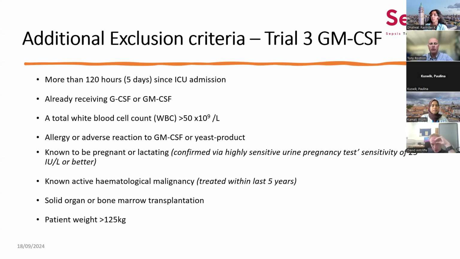If they have an allergy or adverse reaction to GM-CSF or any yeast-derived recombinant product, they're not eligible. If patients are pregnant or breastfeeding, then they're not eligible. And if they've got an active hematological malignancy, which we define as being treated within the last 5 years, they're not eligible. And if patients have a solid organ or bone marrow transplant requiring immunosuppression, they're not eligible.